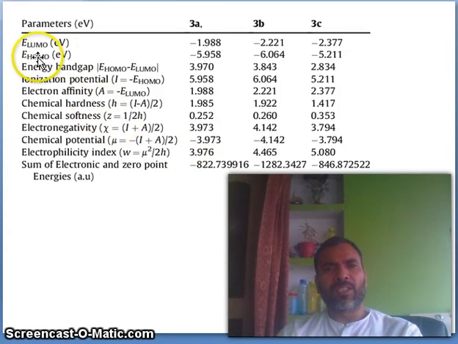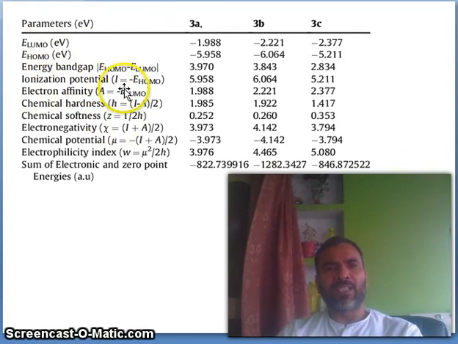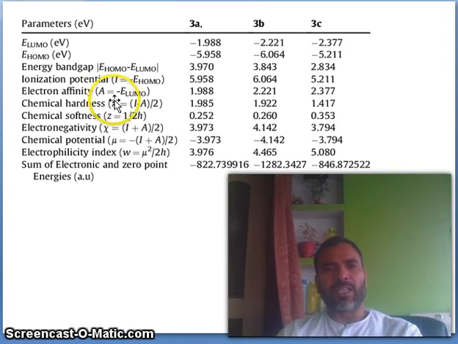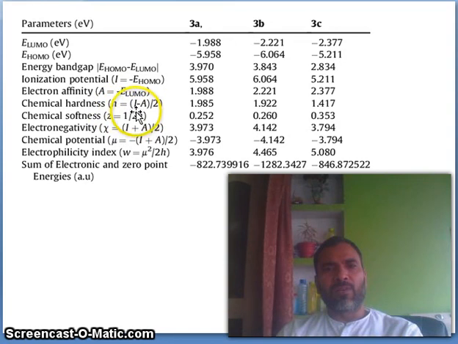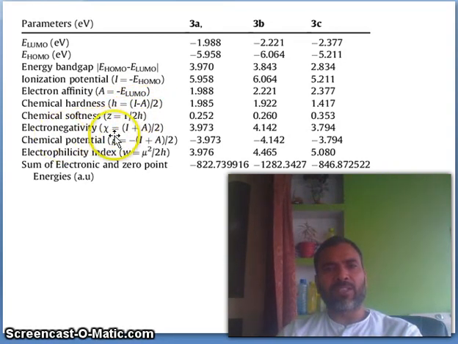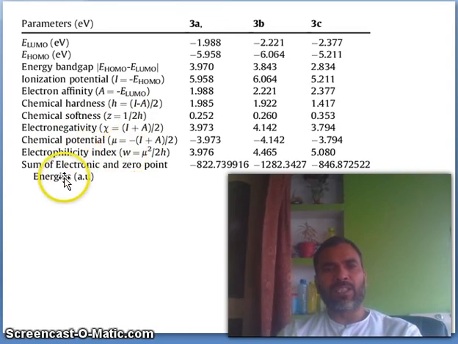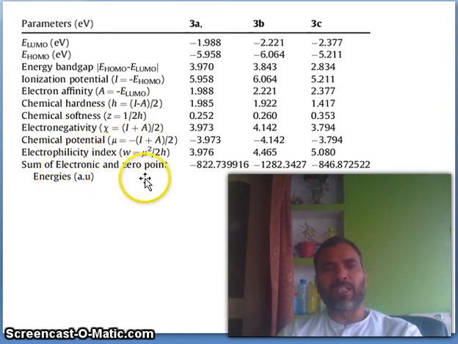You see, E HOMO, E LUMO, band gap, ionization potential I is equal to minus E HOMO, electron affinity A is equal to minus E LUMO, chemical hardness as I minus A divided by 2, chemical softness, electronegativity, electron potential, electrophilicity, sum of electronic zero-point energy.